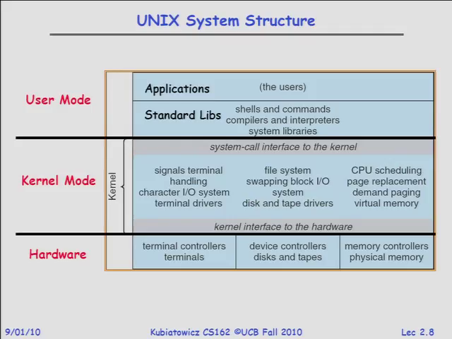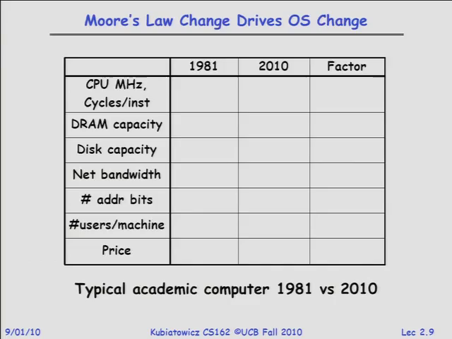Okay. So Moore's law, which we talked about last time, is an interesting little thing that's helping drive change. I thought I'd put together a table here just so you can appreciate this.